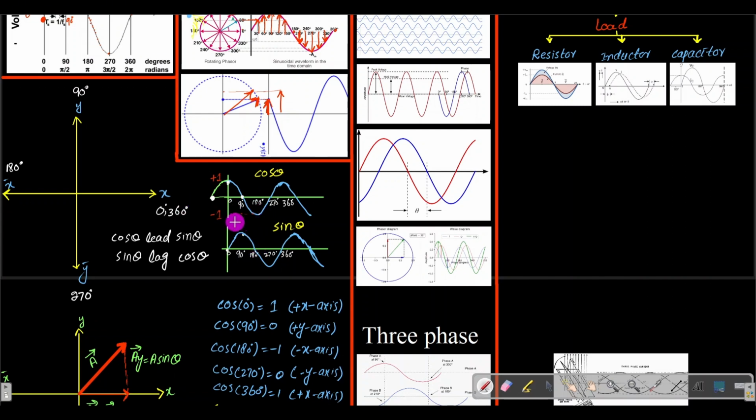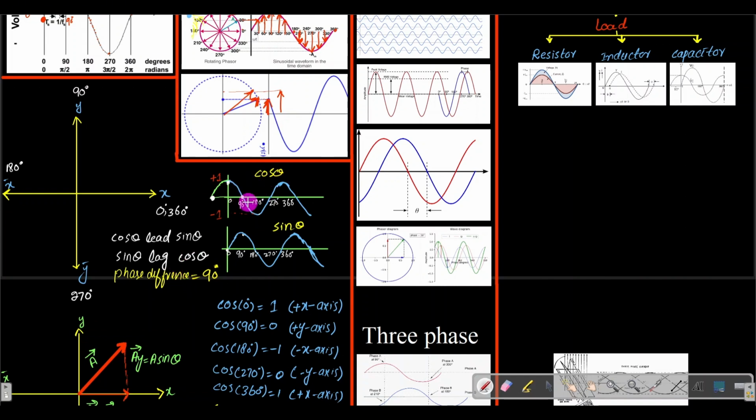So there is a difference between these phases, therefore we call that a phase difference. So in this case the phase difference is equal to 90 degrees.